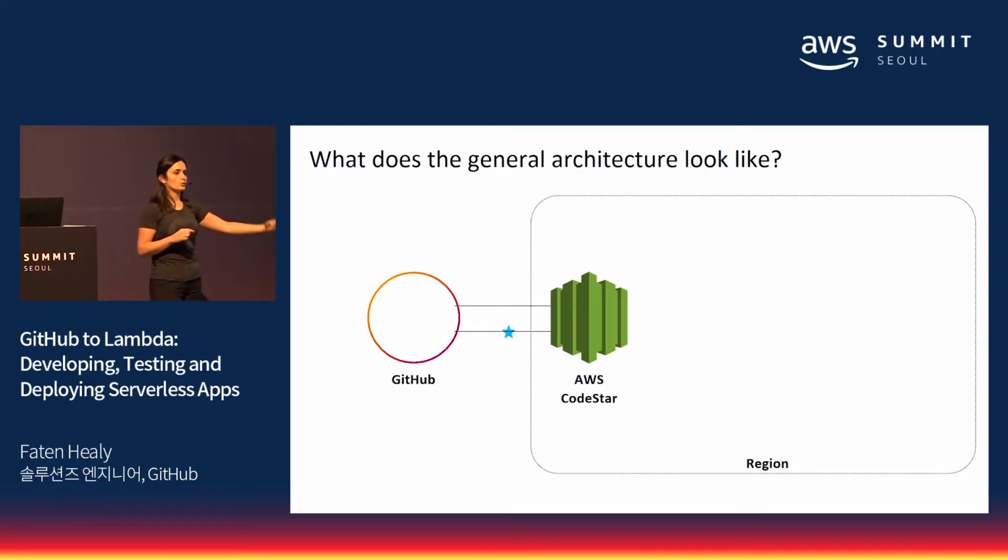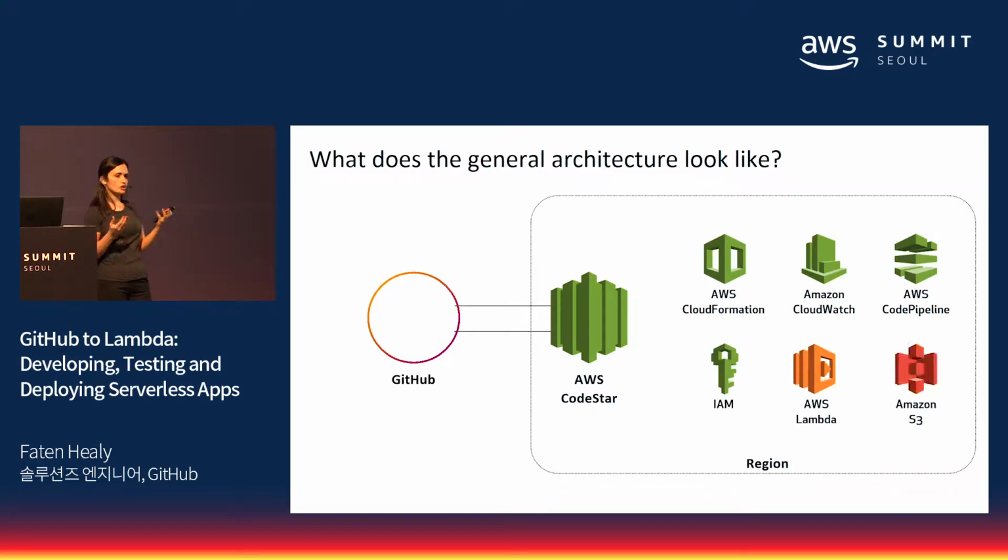AWS CodeStar will come back and grab all the changes and files needed to create and build the infrastructure for the application that is up and running. So as you can see, AWS CodeStar will go and check all the changes and configuration. It can create new resources, as well as delete any unneeded ones.